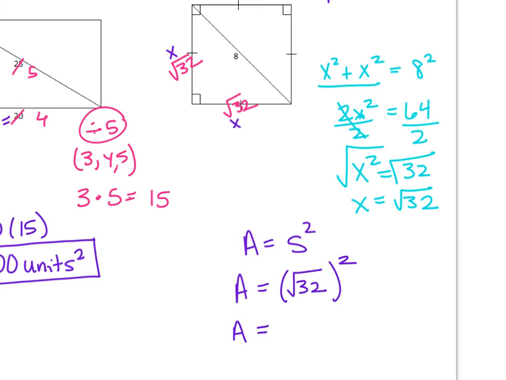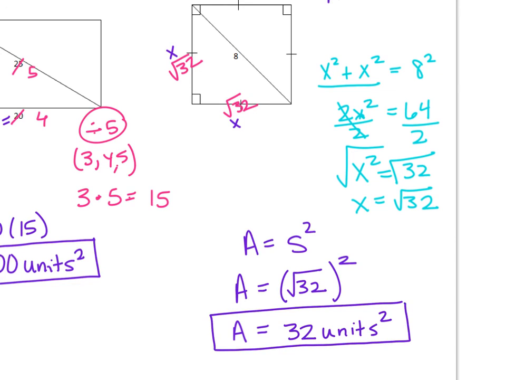If you remember, anytime that you square a square root, they basically cancel each other out, leaving us with just the 32. And because this is an area measurement, we're going to say units squared. And we're done.